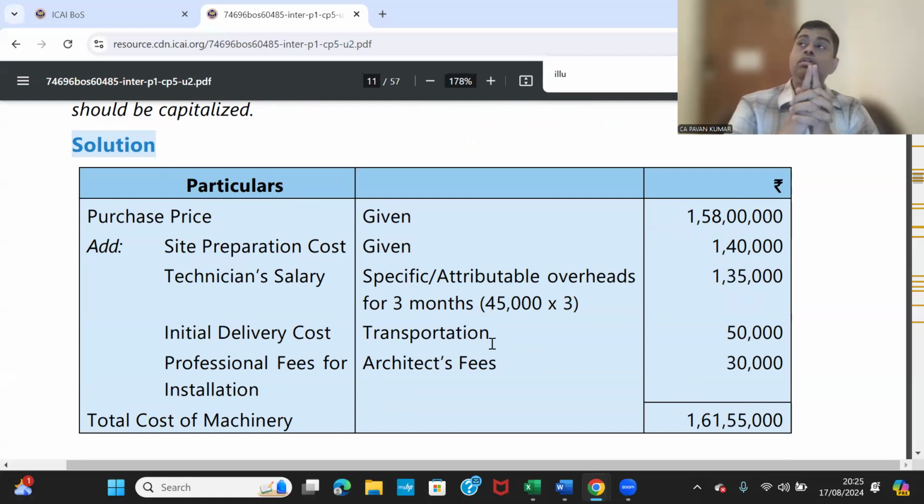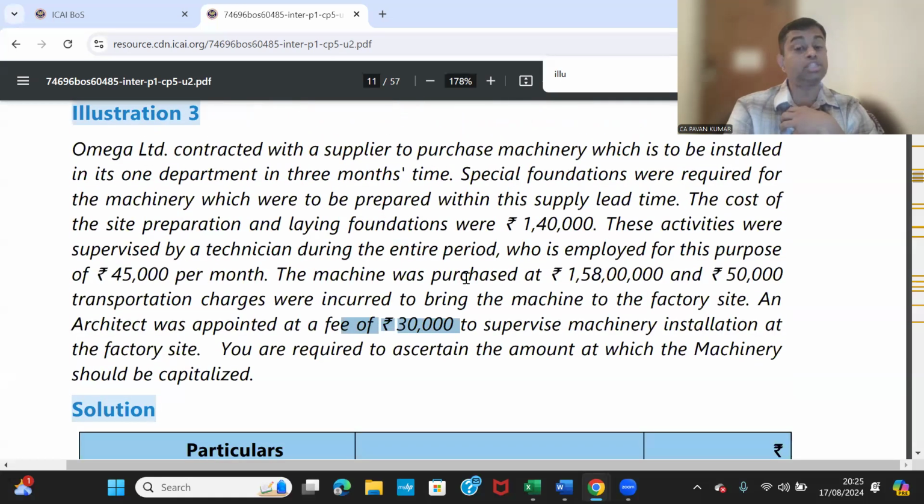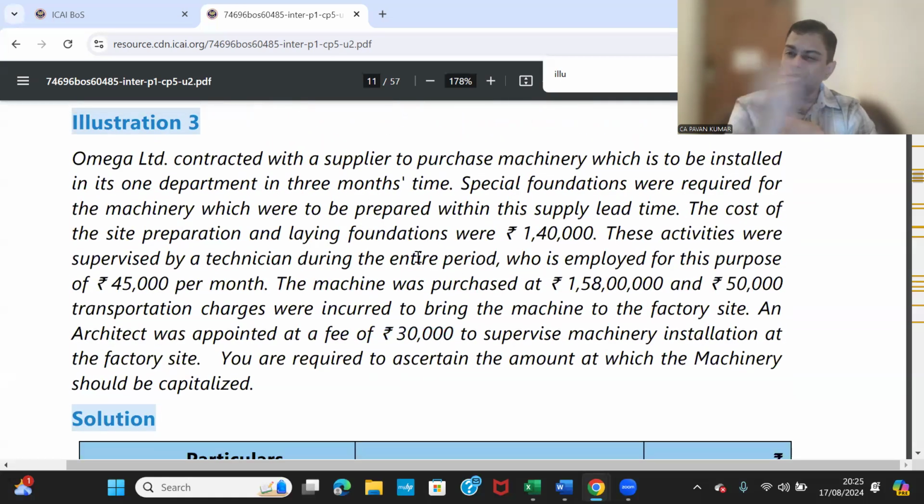Do you know what could have been a better or more conceptual problem? If I am the author who is writing this question, I would have twisted it somewhere, okay? So here I say these activities were supervised by a technician from the engineering department of the same company.